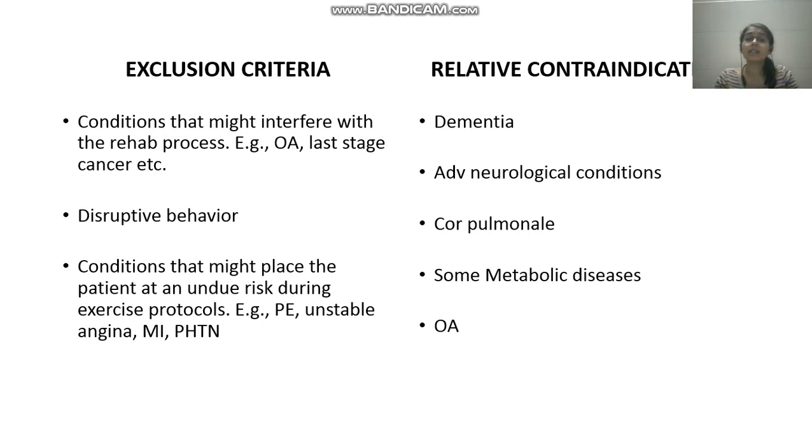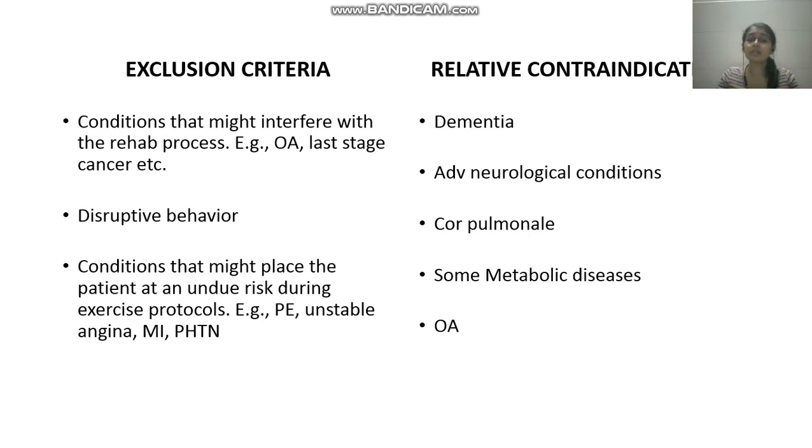It is because once you see what the components of pulmonary rehabilitation are, you will understand that it is a holistic approach. It includes exercise therapy, endurance training, strength training, etc. So in people who have severe OA, who are being posted for knee replacement surgeries, those who have some kind of fractures, those who have last stage illnesses, they are not going to respond well to your exercise therapy.